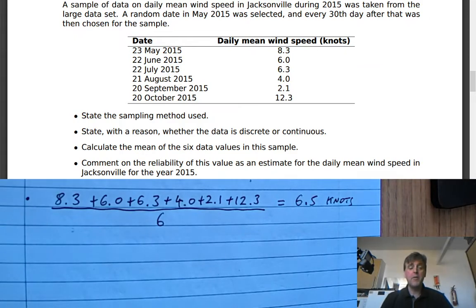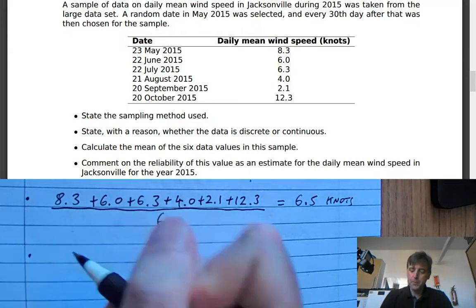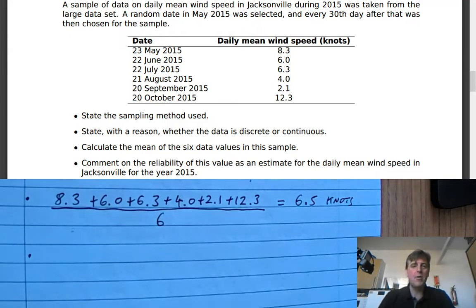And the final part, I should say, comment on the reliability of this value as an estimate for the daily mean wind speed in Jacksonville for the whole of the year 2015. Well, we've got a sample which covers between May and October. Do we know that that's actually going to be representative of the whole year? Well, maybe, maybe not.